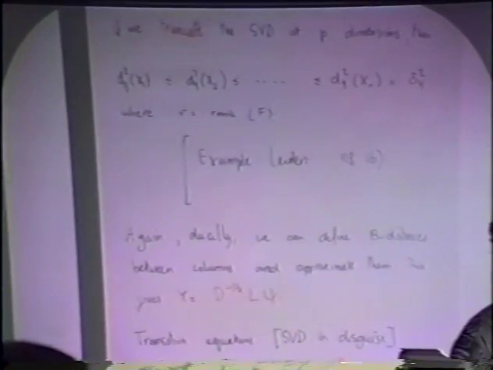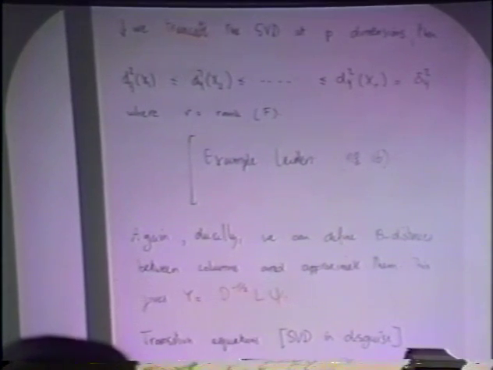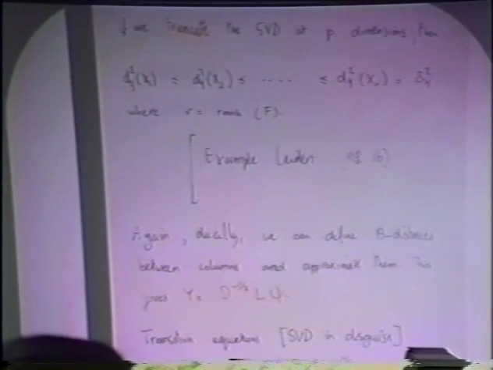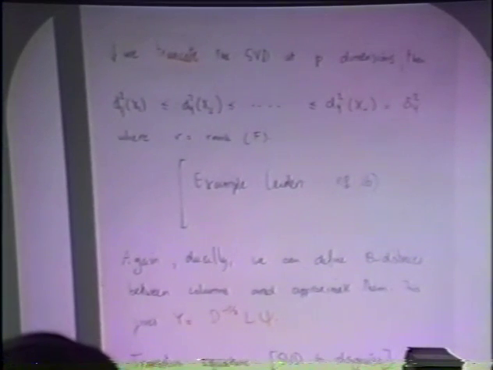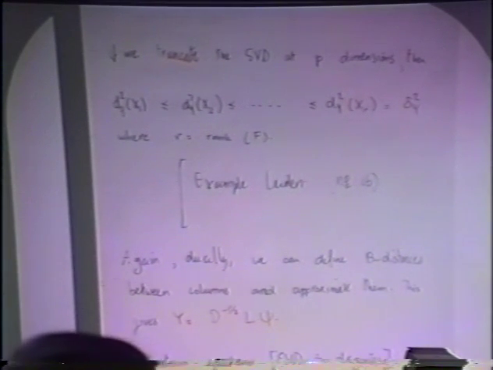If you have a truncated singular value decomposition in p dimensions, a little bit lower perhaps, then you have a chain of inequalities, which is listed up there. x1 is now the representation in one dimension, corresponding with the largest singular value. x2 is the representation in two dimensions, corresponding with the two largest singular values, and so on.